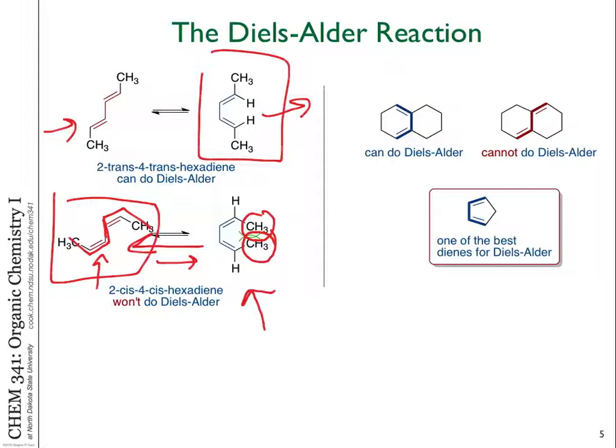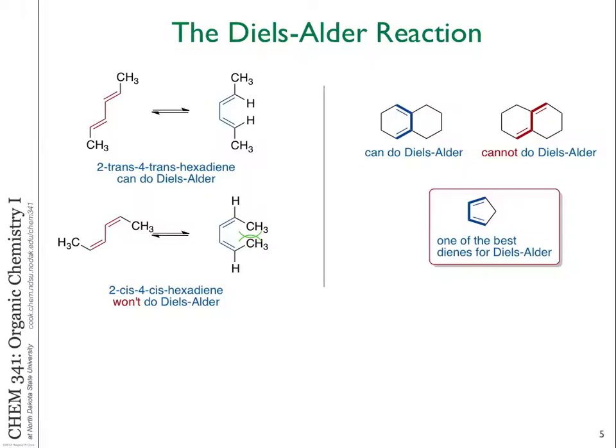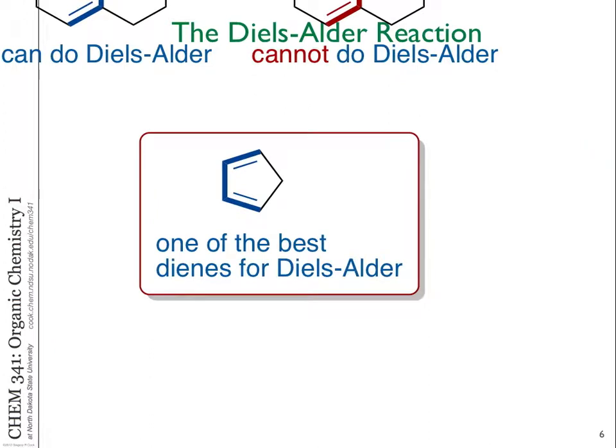Okay? By far, the best substrate for Diels-Alder reactions is this molecule here, cyclopentadiene, or things that are constrained to be in that ideal conformation. Those are going to be best, and this one is particularly good not only because the double bond is in the right conformation, the S-cis conformation for the two double bonds, right?